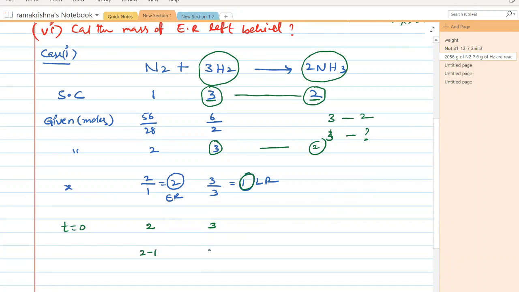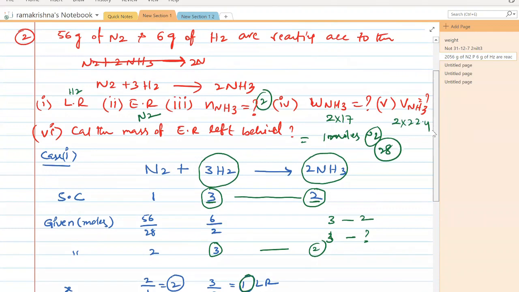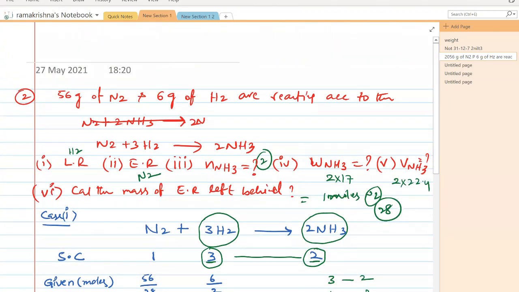And all 3 moles get reacted because the limiting reagent will be consumed totally. So the number of moles at the end of the reaction is 1 mole, 0 mole, and 2 moles. So the weight of excess reagent left behind is 1 mole of N2, that means 28 grams is left. So this is how we can do the questions on limiting reagent.